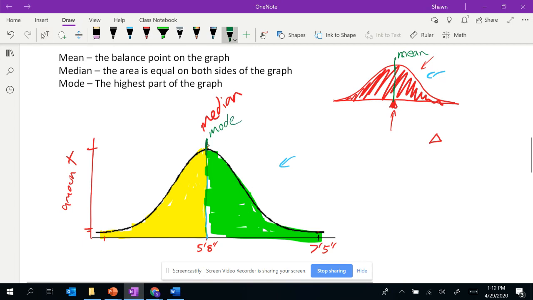So at this point right here, it would be the mean, the median, and the mode all at once. In other words, if this was a height distribution graph, the mean, median, and mode would be 5'8". And the reason why mean, median, and mode are all the same is because this is considered a normal distribution.